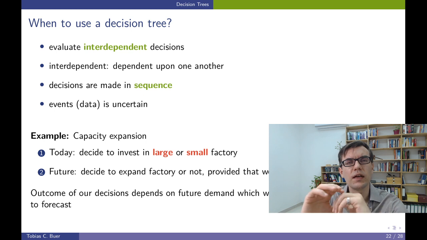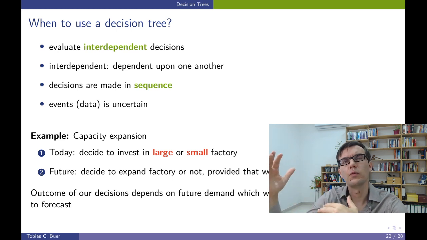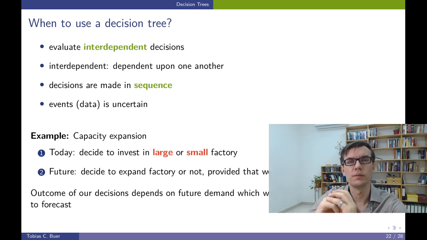We have to decide today if we go for the large or the small factory, and in the future we can decide again. For example, in 3 years we look again at the current demand and our expectations, and in the case we built a small factory, we can still upgrade the small factory to a large factory.